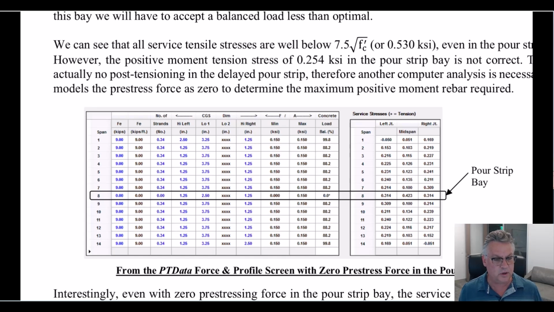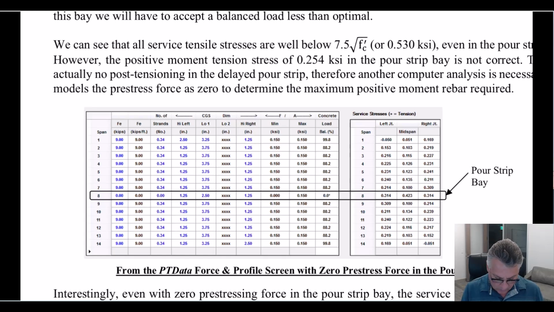Now it does have pre-stressing in it all the way until it hits the pour strip, but we're bounding the problem. We're doing one run that has the post-tensioning for the entire bay, even though it's not really in the middle 3 feet. But then we're going to do another analysis that takes out all the post-tensioning in that entire bay, which will bound the situation.